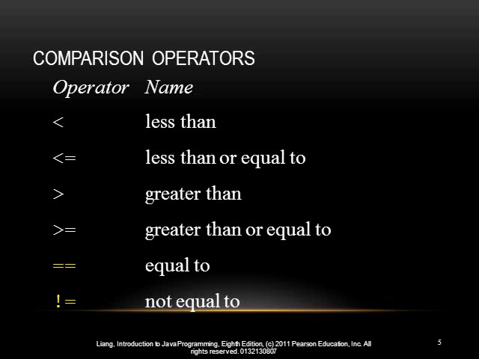Depending on how a problem is worded, you need to determine whether you're going to use the less than or equal, or simply the less than, or the greater than, or the greater than or equal.